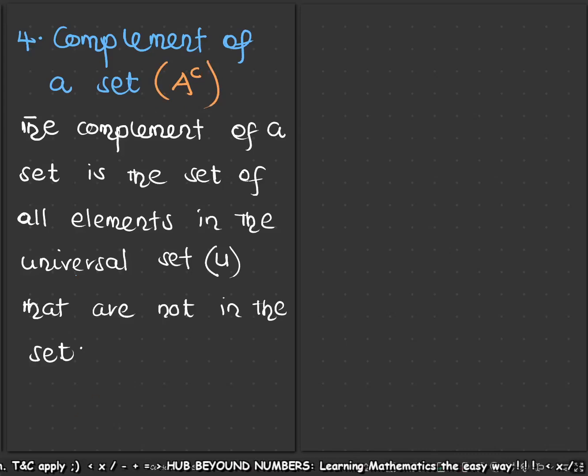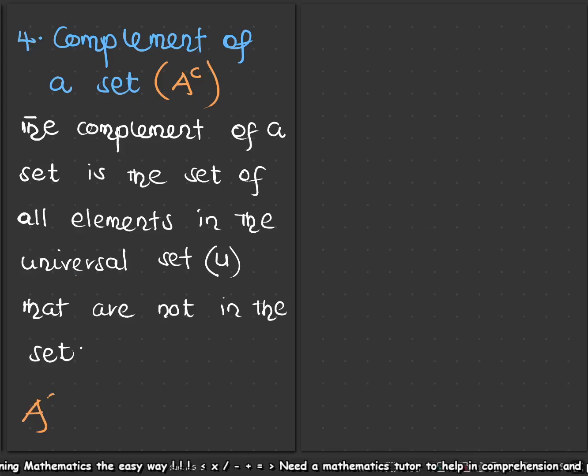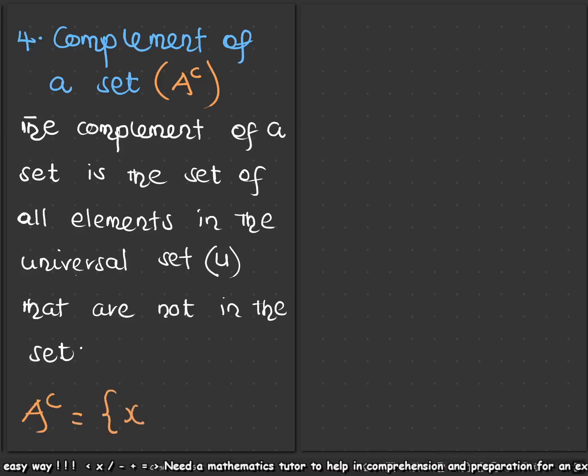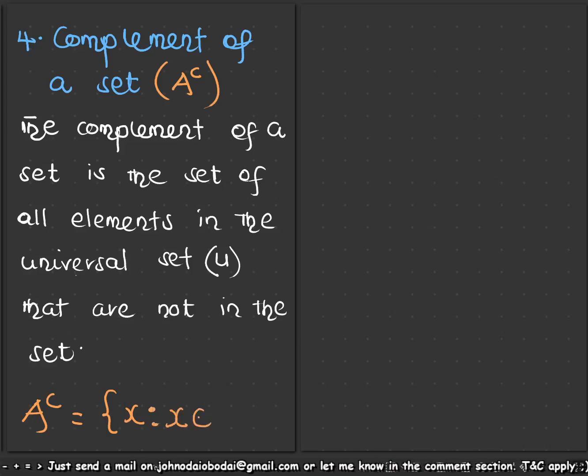Now, if you want to use set builder notation, then remember in our first video we spoke of how to represent sets. So for set builder notation, A complement would be all elements X such that X is an element of the universal set.